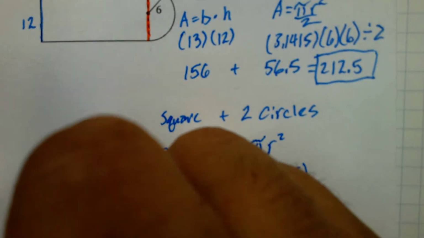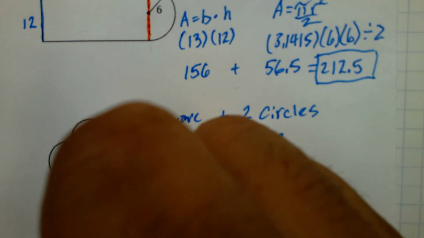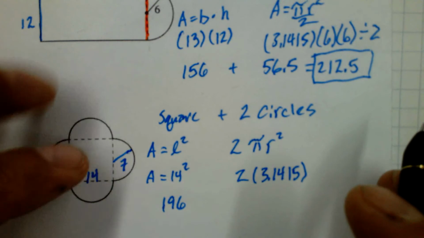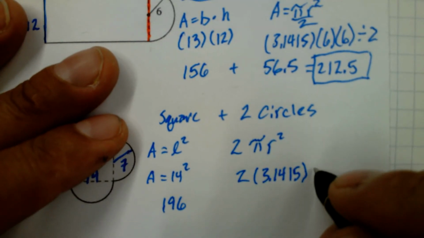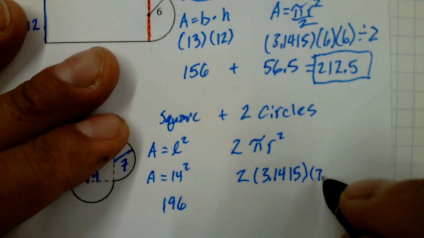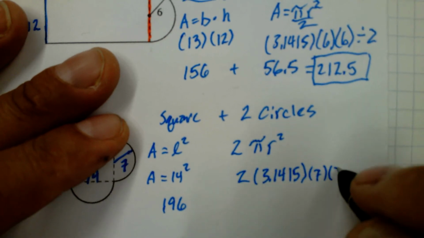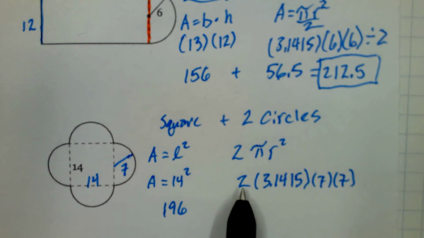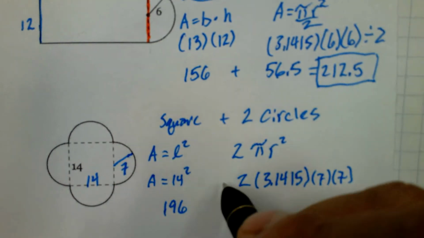Ah, good. Didn't get fooled. It's not 14, it's 7, half of 14. So 7 times 7. And then we're going to add it all together.